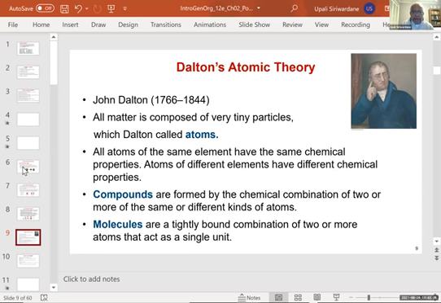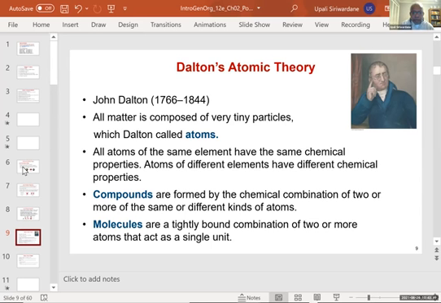The idea about atoms was present in Greek philosophy also. Atomos, a Greek word, came from ultimate particle. All atoms of the same element have the same chemical properties that define an element. Atoms of different elements have different chemical properties.